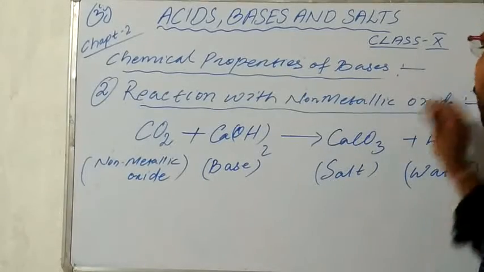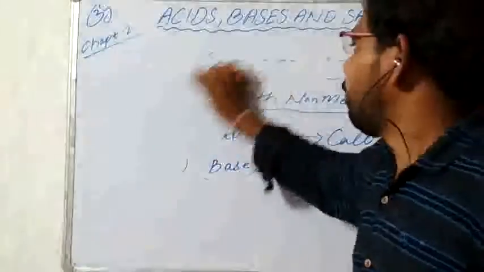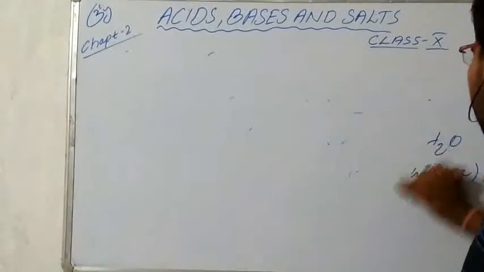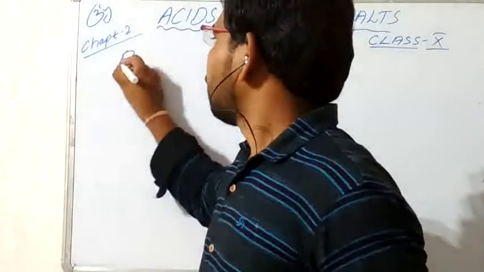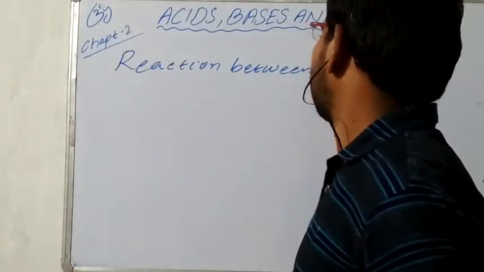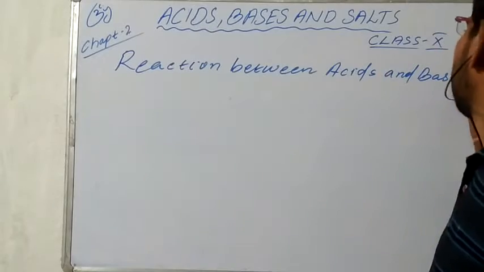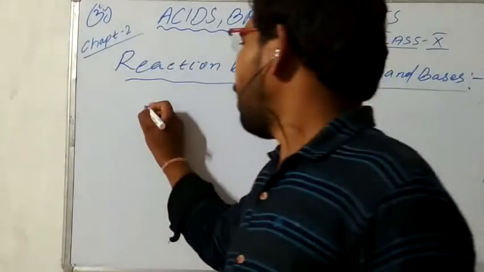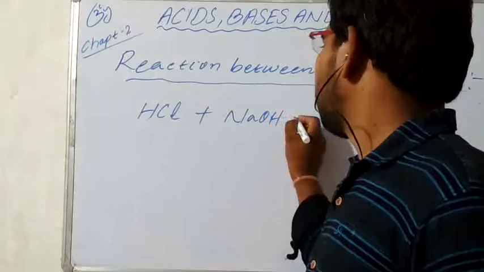Now we discuss what happens when acids react with bases, the reaction between acids and bases. We take one example of an acid, HCl, and one example of a base, NaOH.